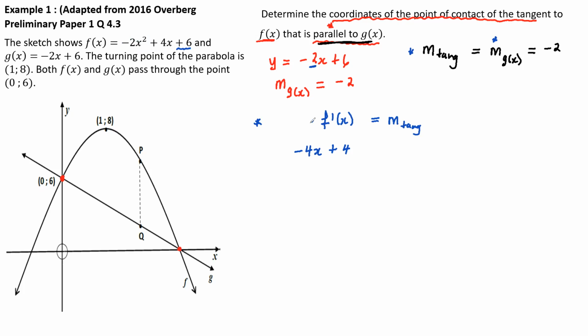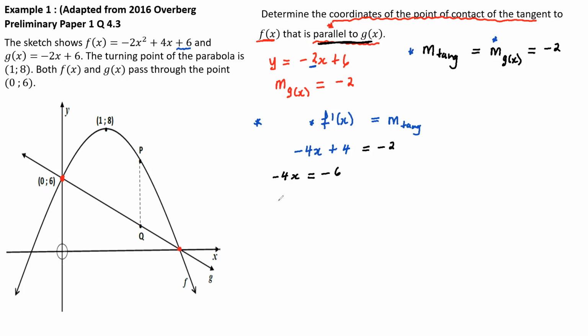So this becomes the derivative of f of x, but this derivative happens to be equal to the gradient of the tangent, -2. Then quickly, I can solve for x. I'm looking for the coordinates of the point of contact. So then I'll have -4x is equal to -6.